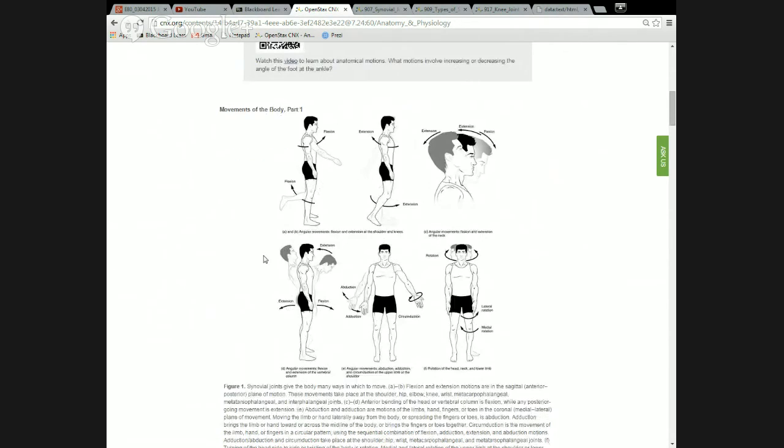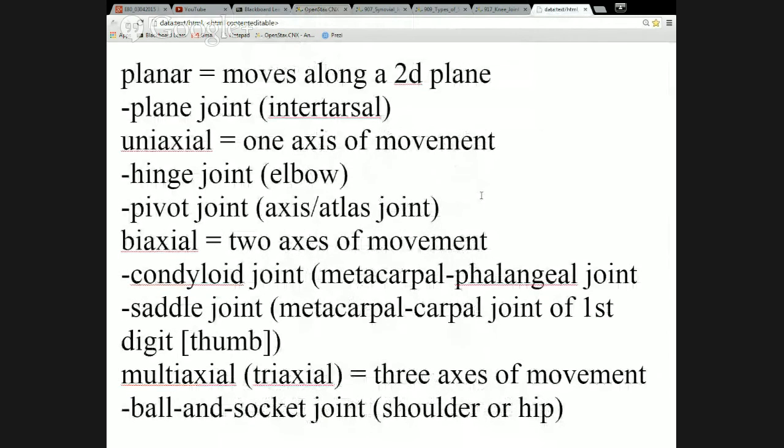Now, when we're talking about movements, we usually are talking about, again, specialized words that mean specific things in the context of anatomy. So just like back at the beginning of the class, we were learning about the special words for directions within the body, like superior and inferior and all that sort of thing.